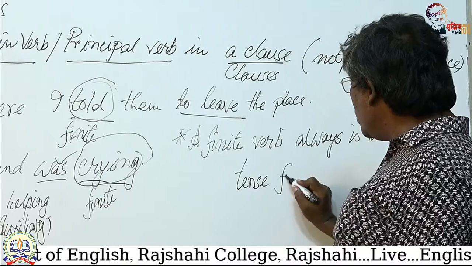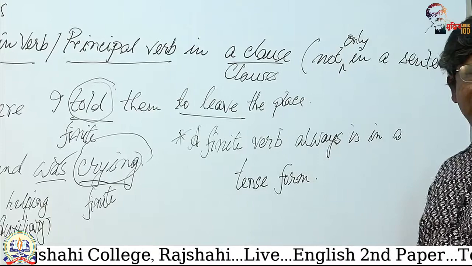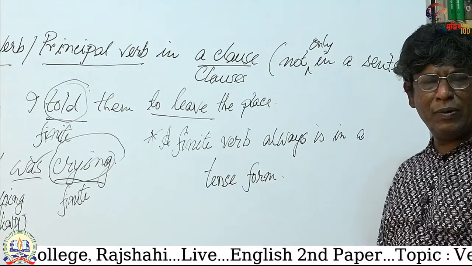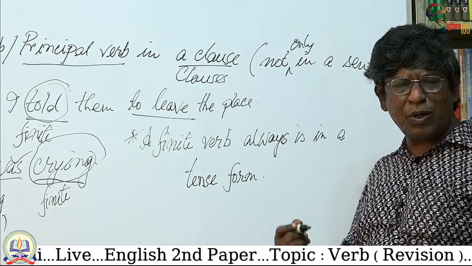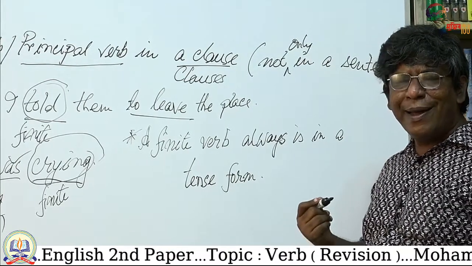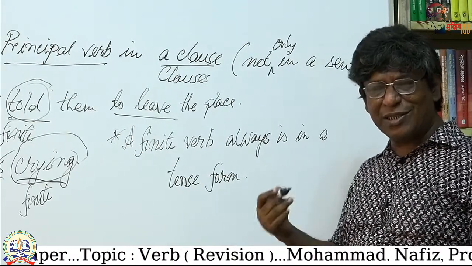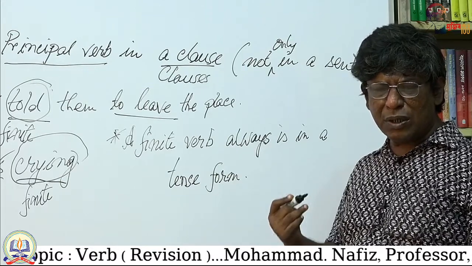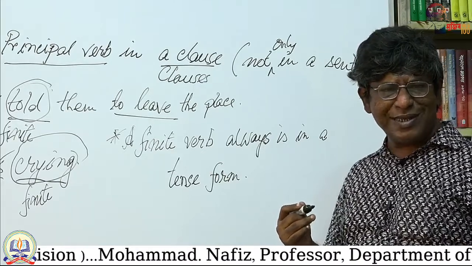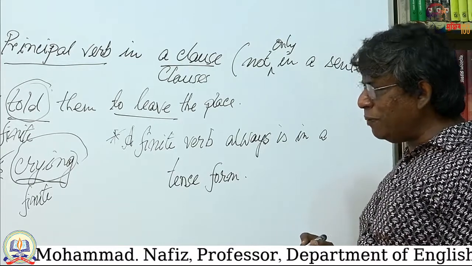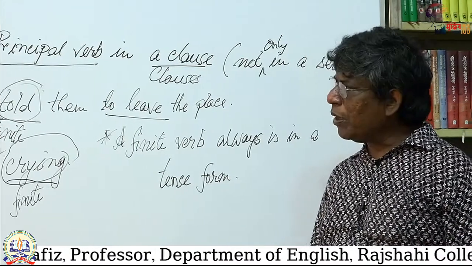You know, we have three tenses, the present, the past and the future, and each has four forms. Therefore, we have in total 12 tense forms of verbs.